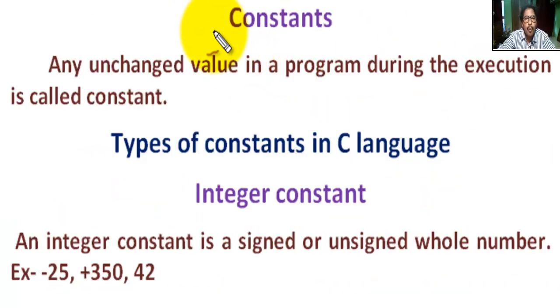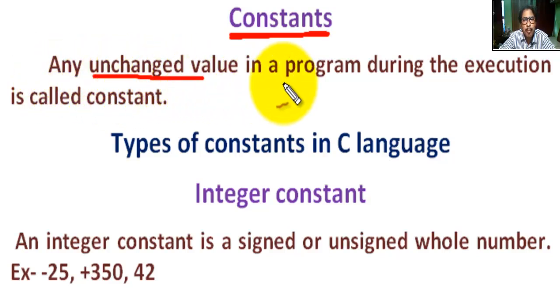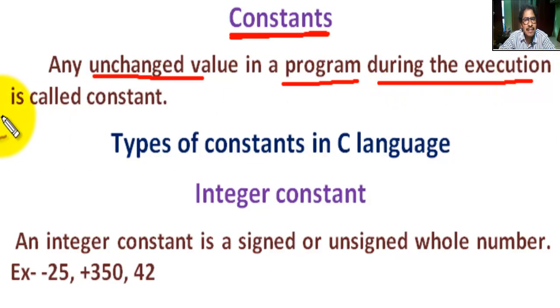Now, what is constant? Any unchanged value in a program during the execution is called constant. Constants can never change their value.